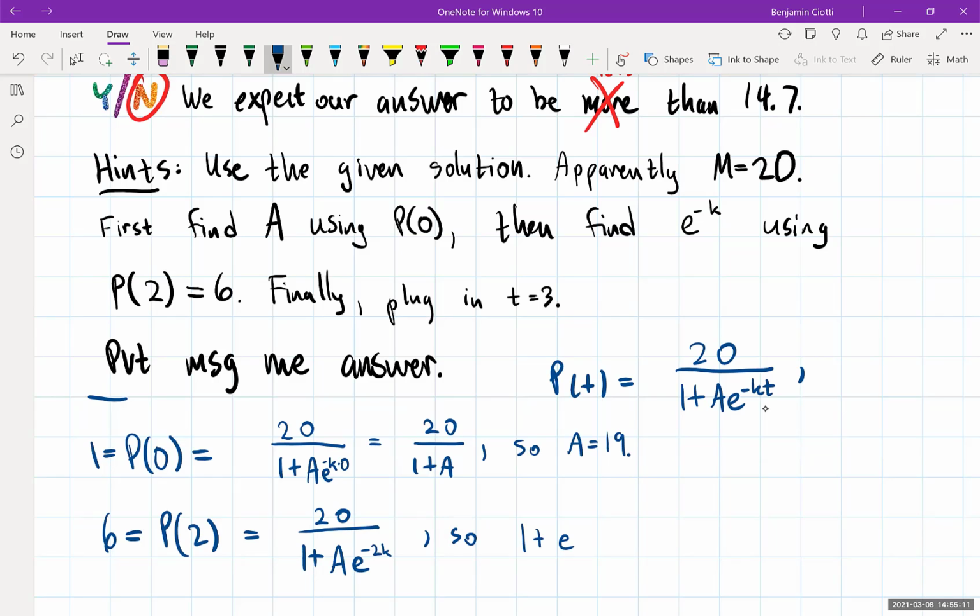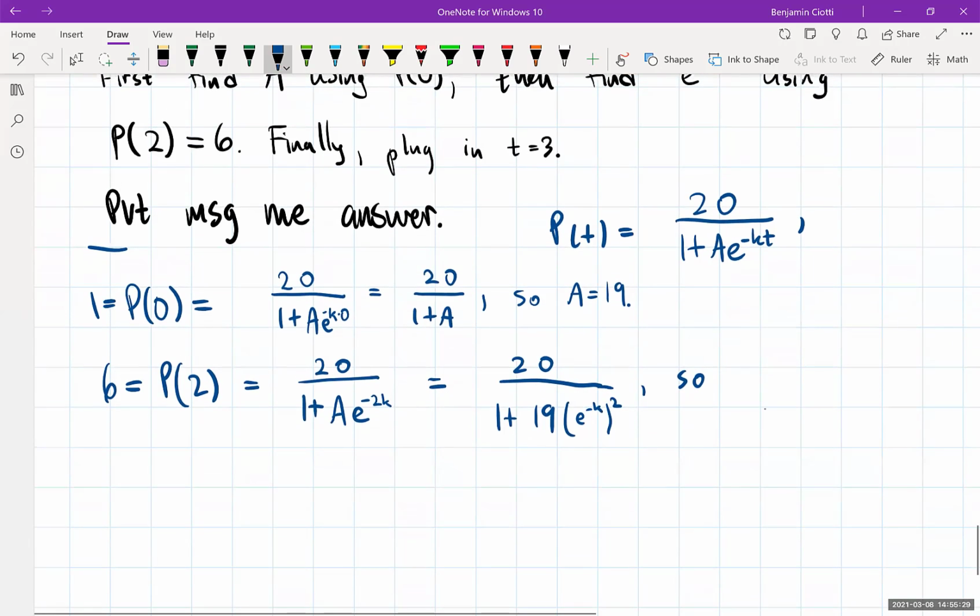So 1 plus, which is actually 20 over 1 plus 19 e to the negative k squared. So 20 plus 19.